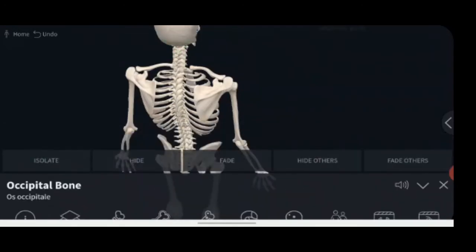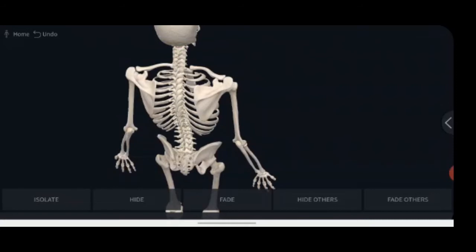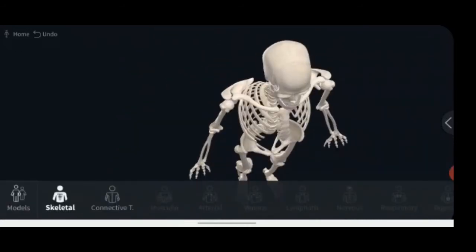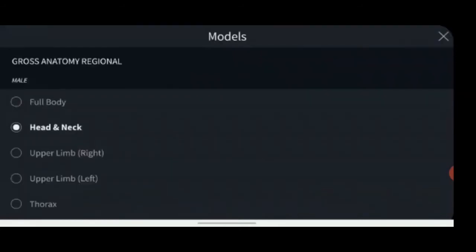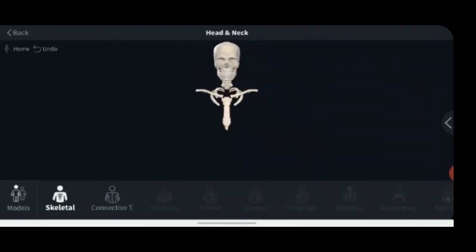Yes, this is the unpaired occipital bone. So these are the bones of the neurocranium. We will take the head and neck or only the skull, so that will be easy.